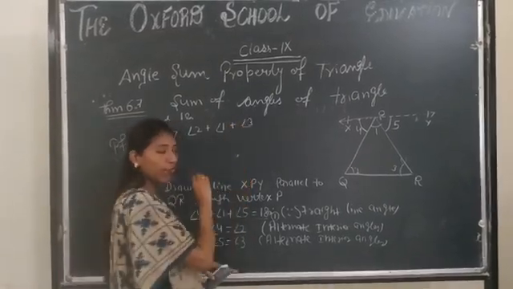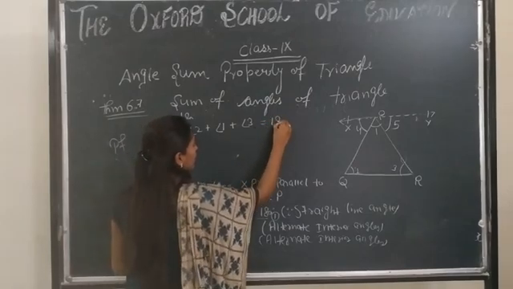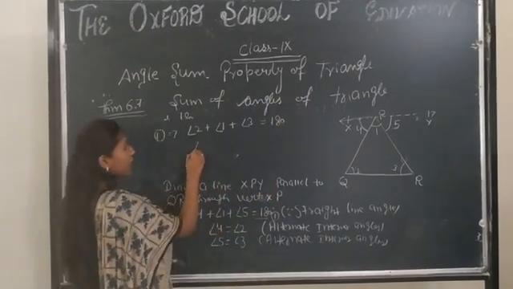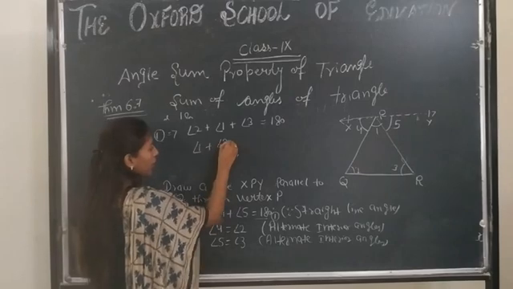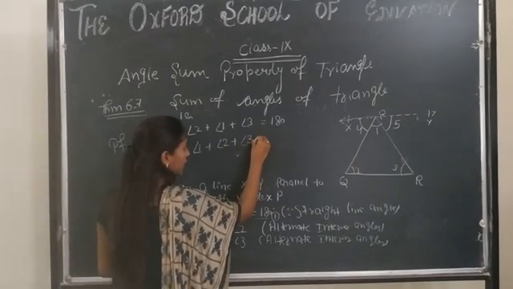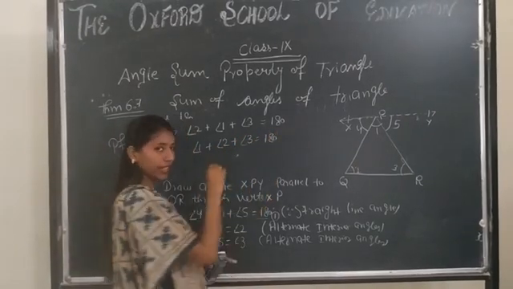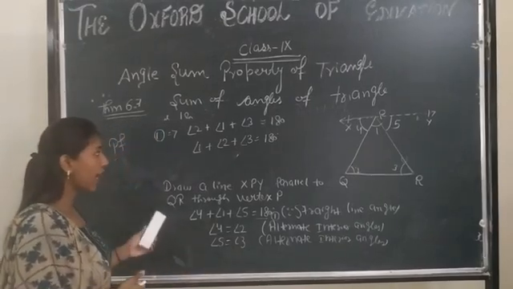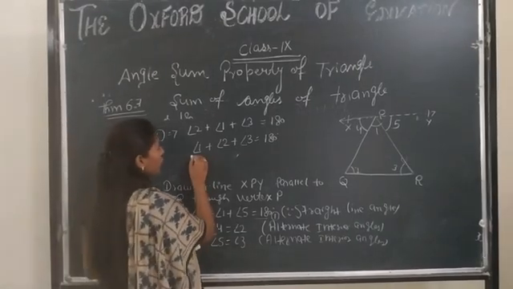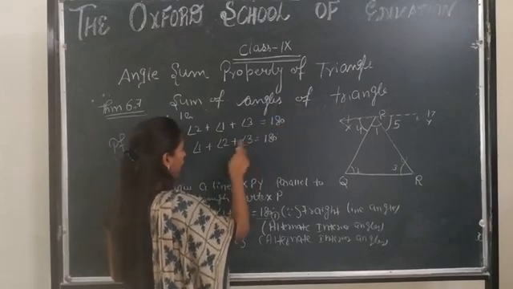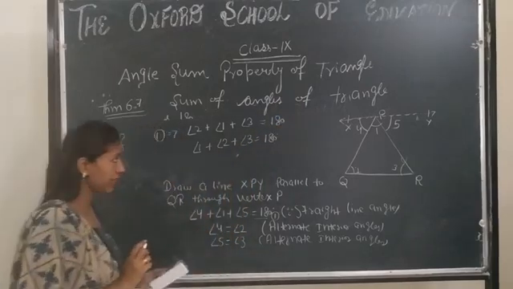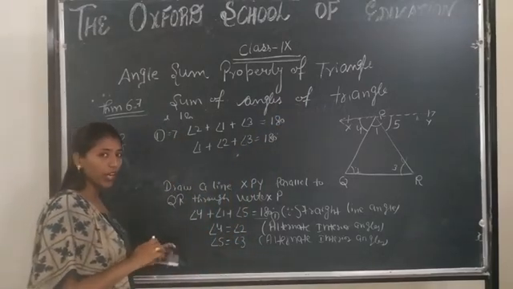So we put the value of angle 5. Rearranging, angle 1 plus angle 2 plus angle 3 is equal to 180 degree. So this is all we have to prove. We proved sum of angles of triangle is 180 degree. Here completes the proof of the theorem.